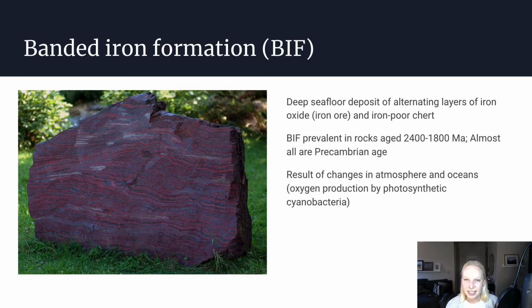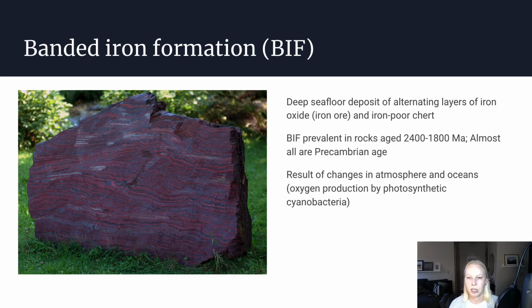All right, the next chemical sedimentary rock that we're going to talk about is banded iron formation, or just for short, we call it BIF. These are formed in the deep sea floor, and they are alternating layers of iron oxide and iron poor chert, like we just talked about.